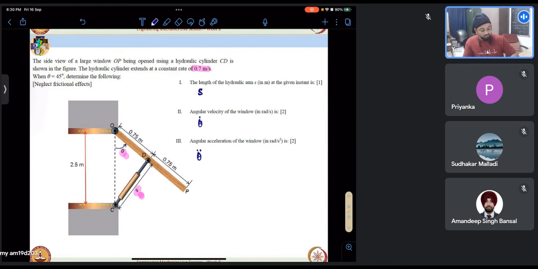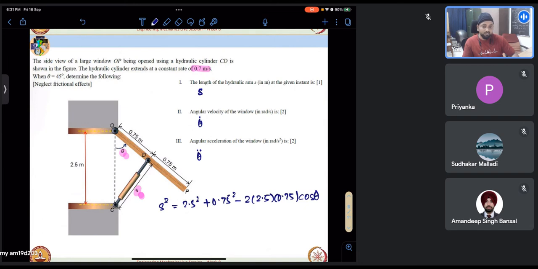Using the cosine rule, if we consider this triangle, we can simply write S squared as 2.5 squared plus 0.75 squared minus 2 into 2.5 into 0.75 cos theta.